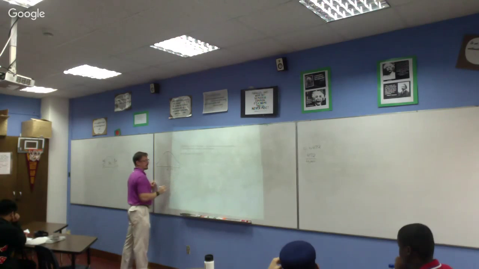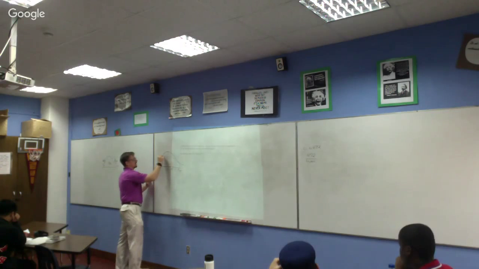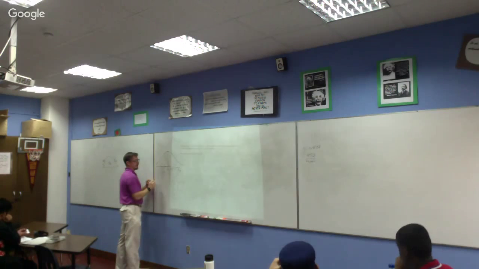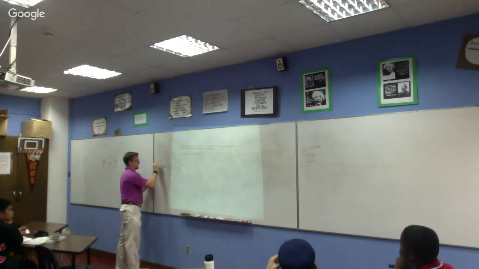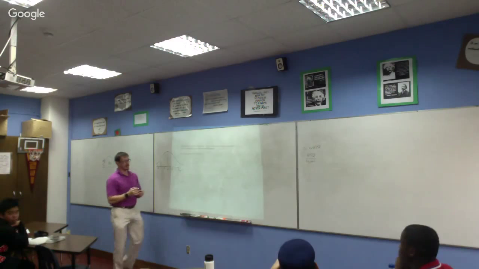And 3 standard deviations above is 3.5. Then 1 standard deviation below is 1.5, 2 standard deviations below is 1, and 3 standard deviations below is 0.5. Okay, so there's your sketch.